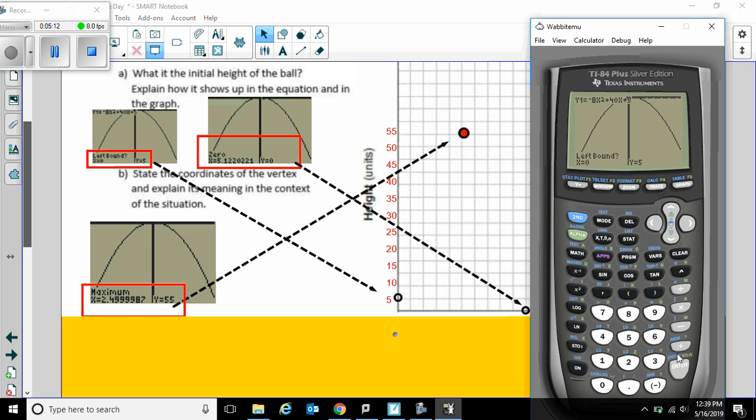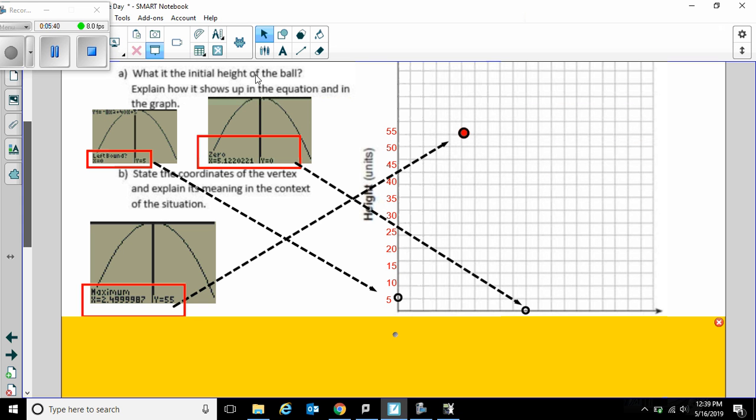Well, I know it has to be between 0 and 5 seconds. So here we go. I hit 0 at 5 seconds. I ask the computer to guess, and the computer gives me 2.5 comma 55, or in 2.5 seconds, I'm going to go 55 yards or feet in the air.